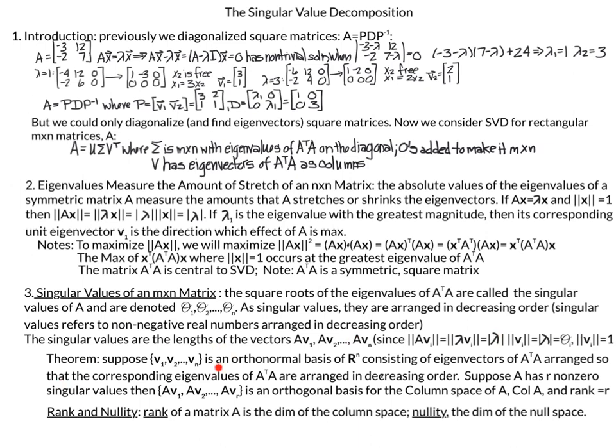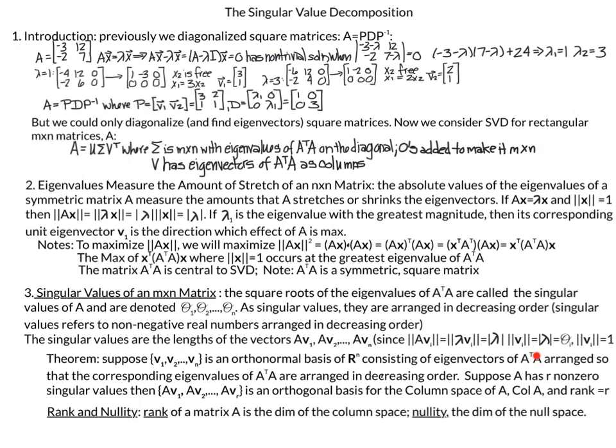And we used this theorem here directly when we did our singular value decomposition. It says, suppose we're given v1, v2, up to vn, an orthonormal basis of Rn consisting of eigenvectors of A transpose A. Remember, A transpose A is square, it's n by n, so its eigenvectors form an orthonormal basis for the space that they cover. In this case, since it's n by n, it's for Rn.